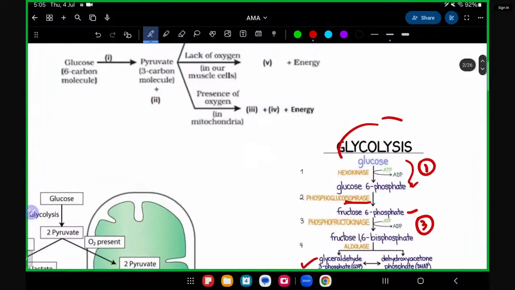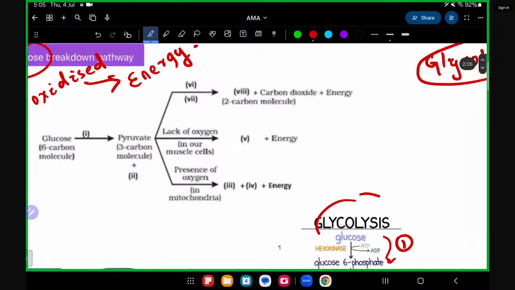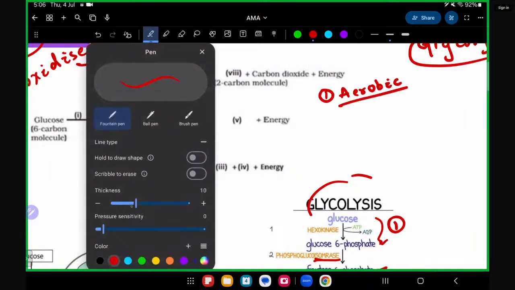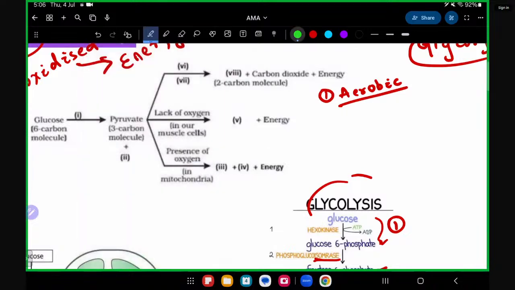So first is aerobic respiration. In aerobic respiration, what is happening? The first step is glycolysis. The second step is the Krebs cycle.